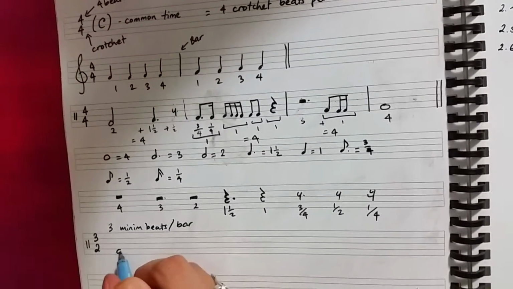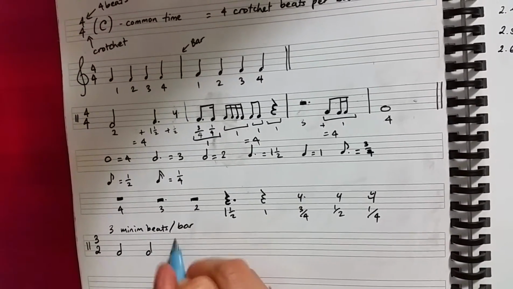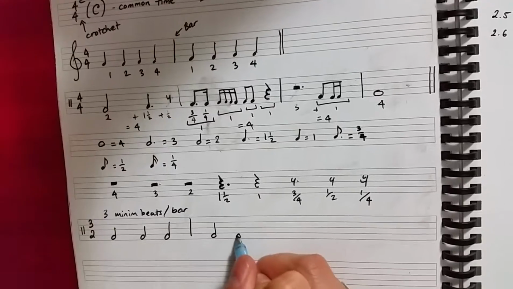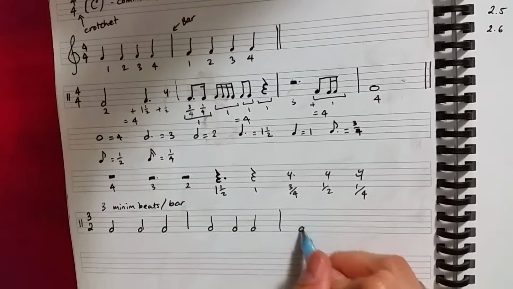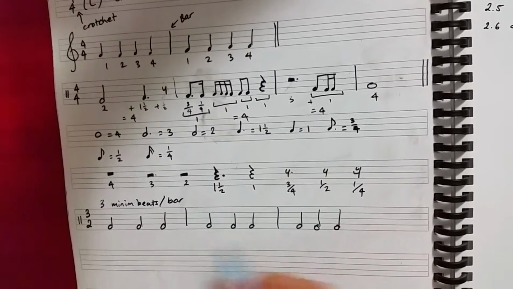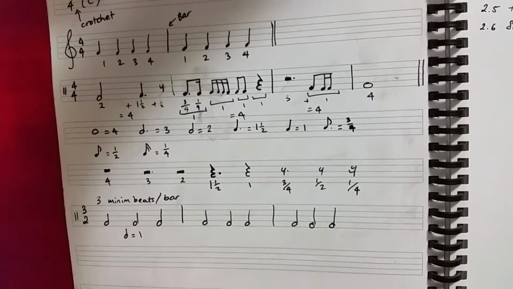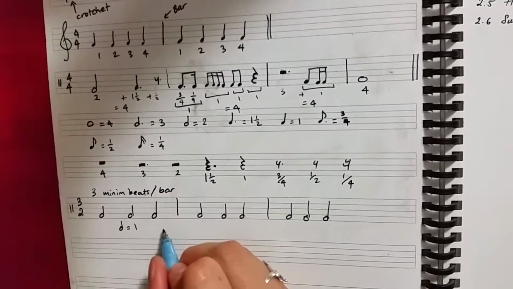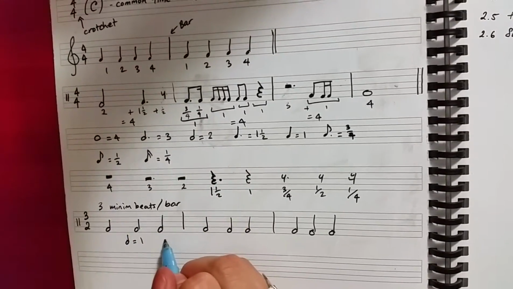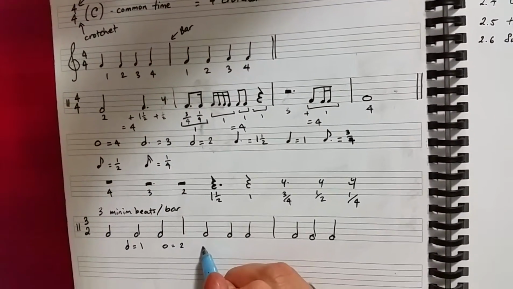This is your beat. 1, 2, 3. 1, 2, 3. So the minim, what usually is worth 2, is now worth 1. Okay, so you have to halve all note values. So this is now 2.